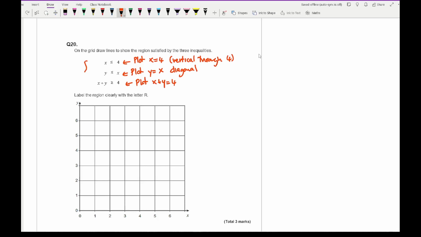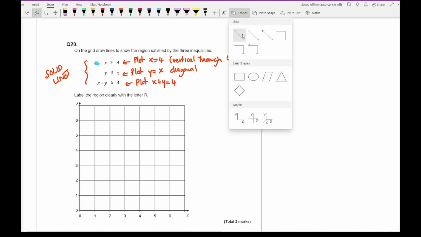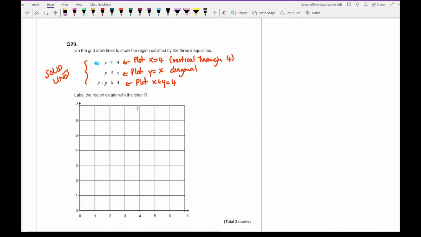Now all of them are solid lines because there is an equal sign underneath each of the inequalities. So let's take this one at a time. Here x is less than or equal to 4 with a solid line, so at x equals 4, I'm just going to draw my line like so.